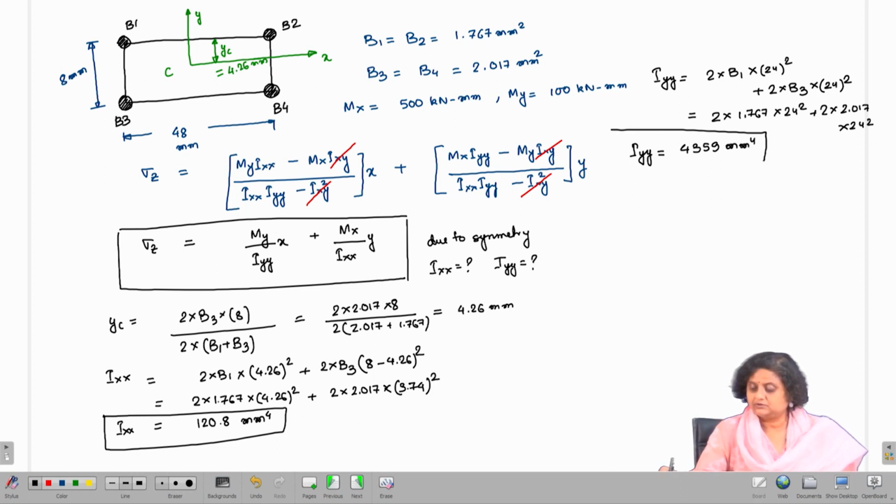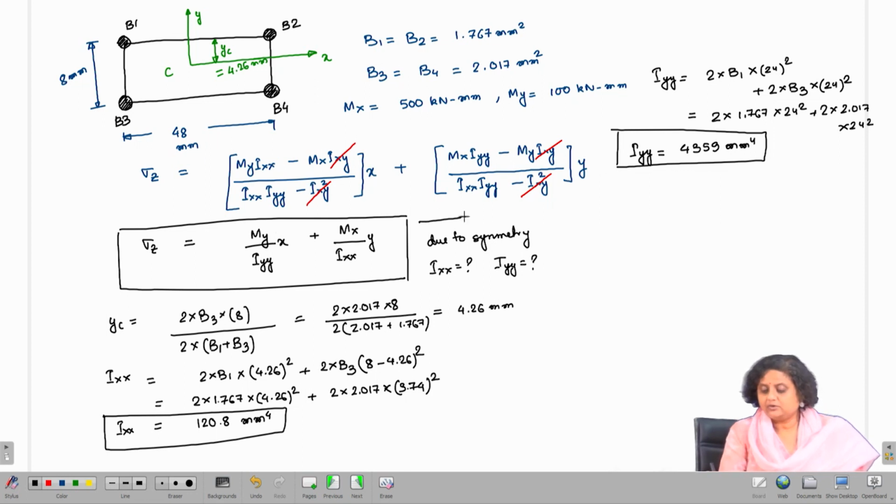So, this is going to be the other sectional property. Now, when I have found out the sectional property, I am going to use equation 1 and find out the sigma z at B1.